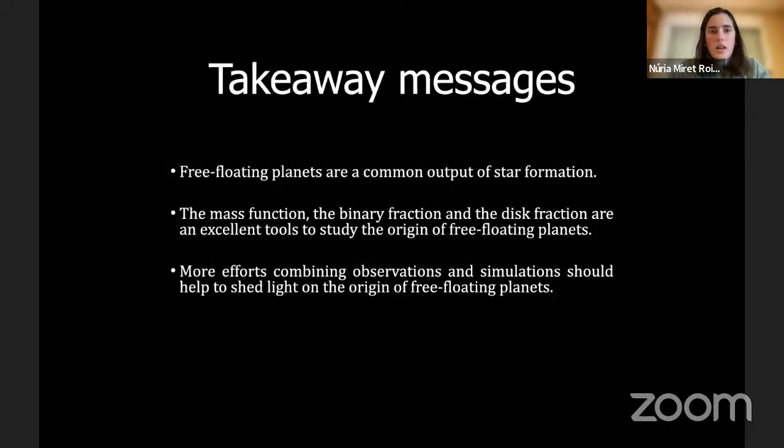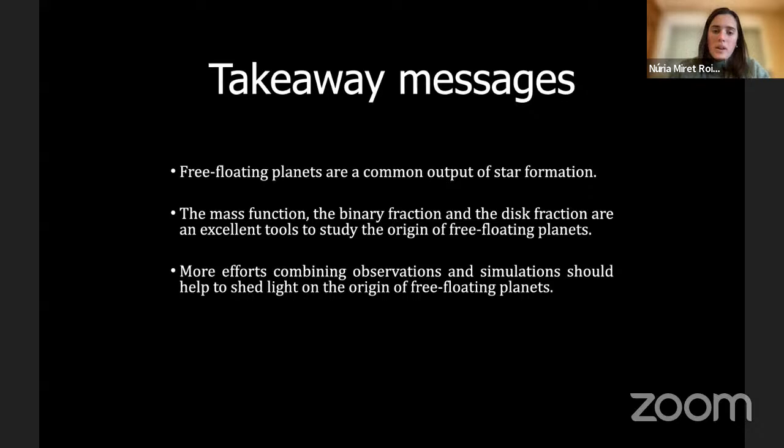And with this, I move to my conclusions, and I would like to finish with these 3 takeaway messages. So first of all, free-floating planets are a common output of star formation, and we have seen this both from direct imaging studies and also from microlensing studies.